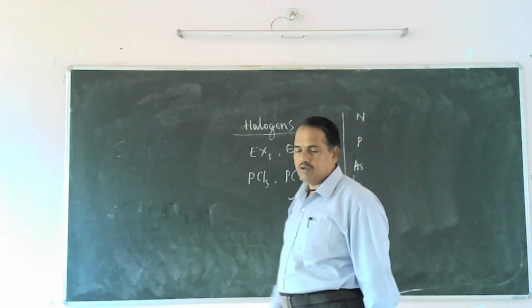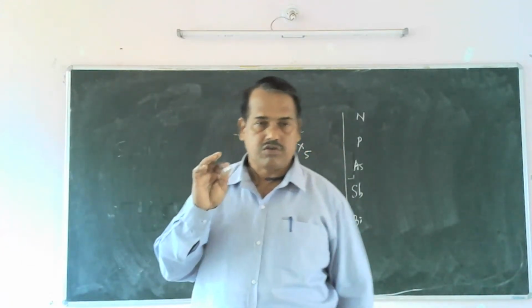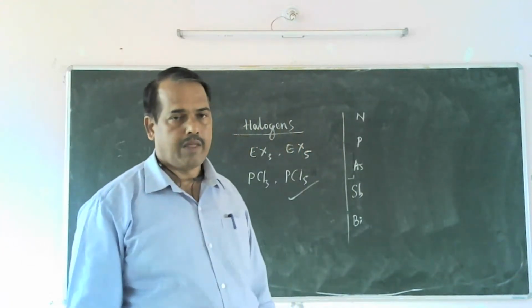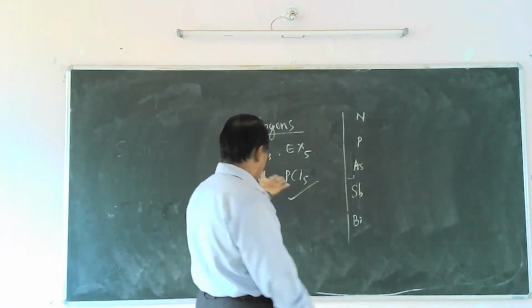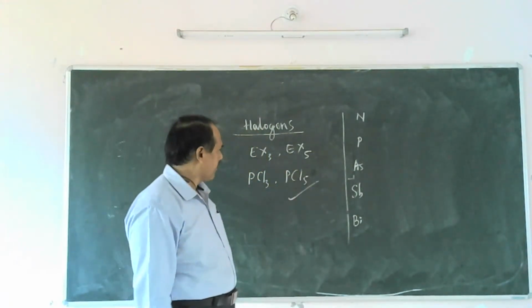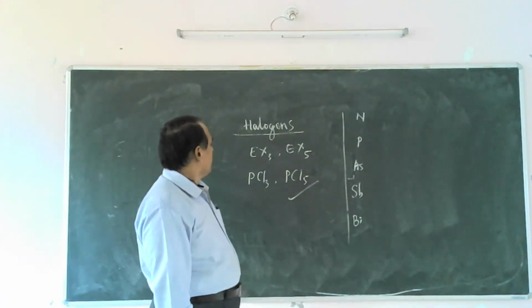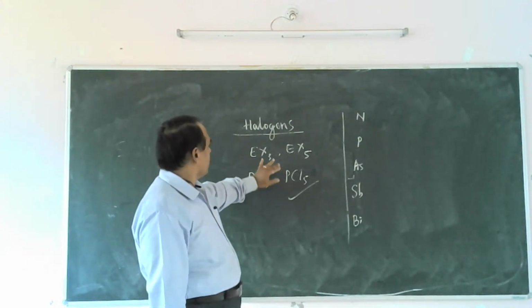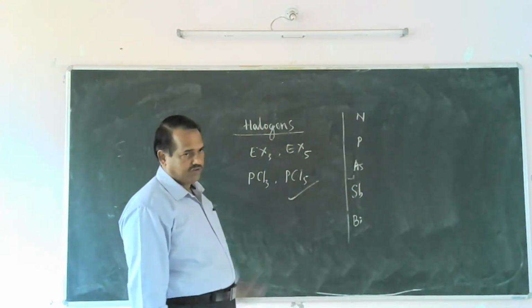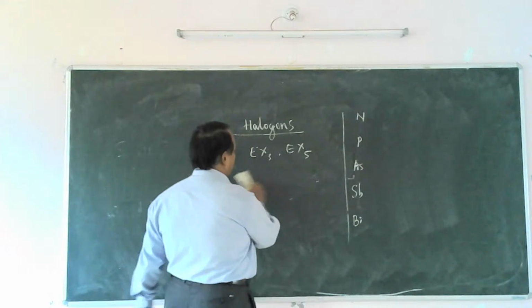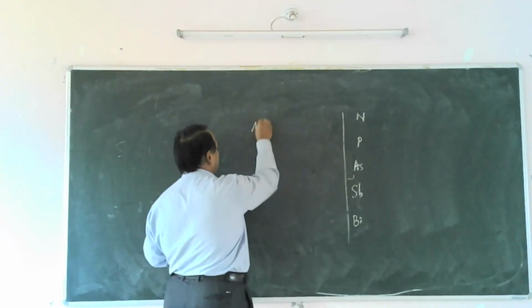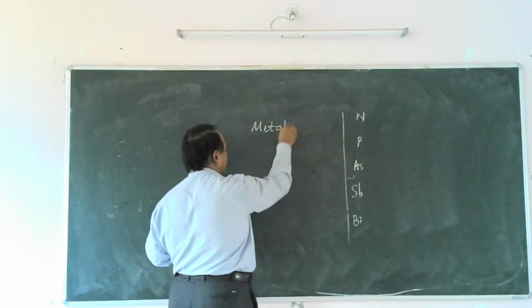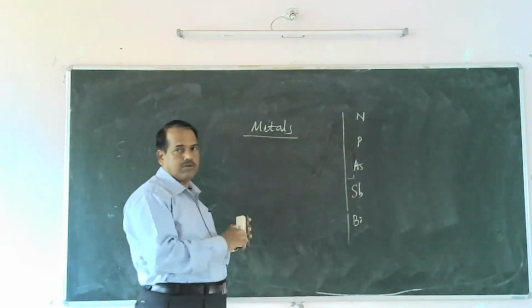Among them, pentahalides are more covalent. Study the detailed structure of phosphorus pentachloride on the first page. Okay, these are the reactions with halogens. And we have to study lastly the reaction with metals.